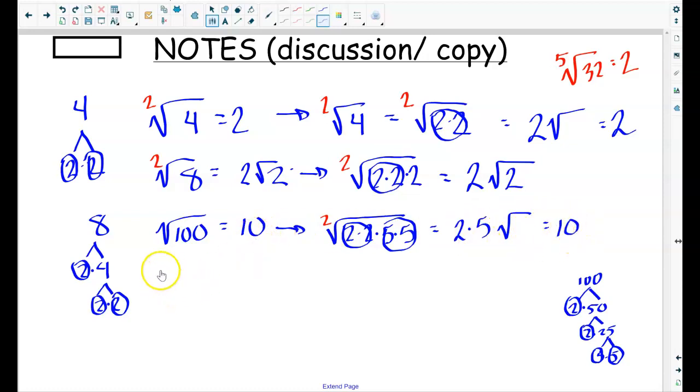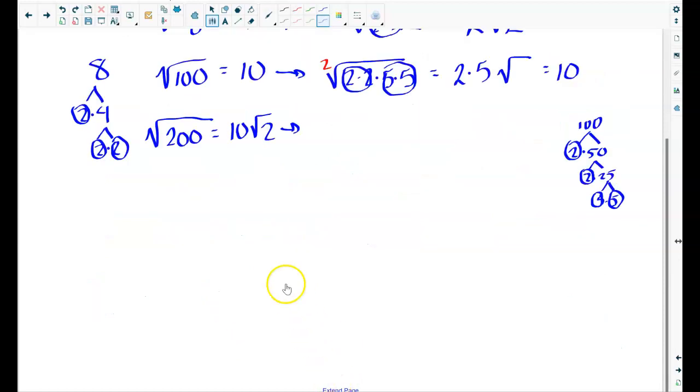Now, just to show you that you can do one that's even harder, let's try 200. Since I've done this before, I know the answer is going to be 10 square root of 2. But how do we do that? Let's write 200. 200 is 2 times 100.